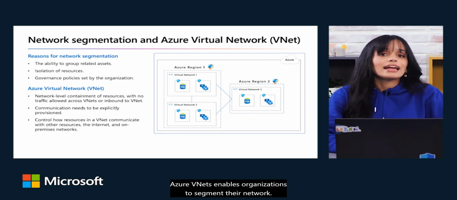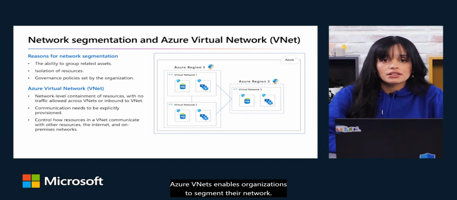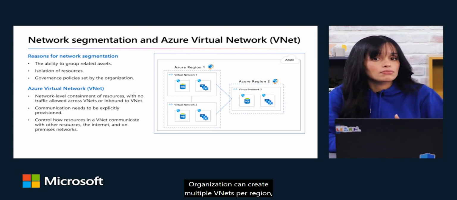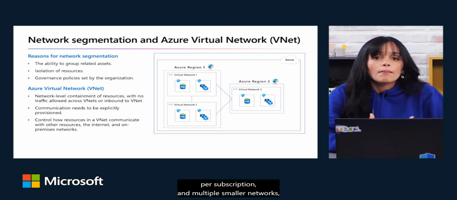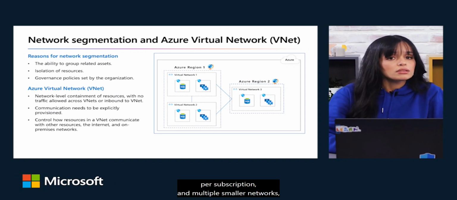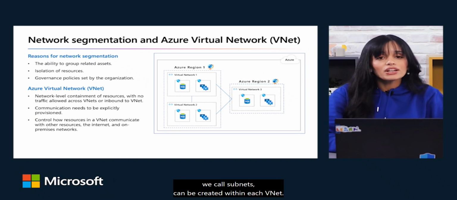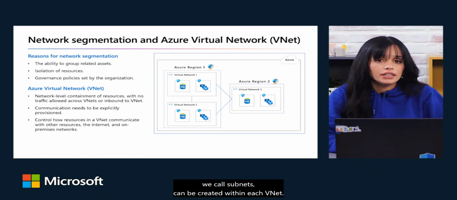Azure VNets enable organizations to segment their network. Organizations can create multiple VNets per region, per subscription, and multiple smaller networks, which we call subnets, can be created within each VNet.